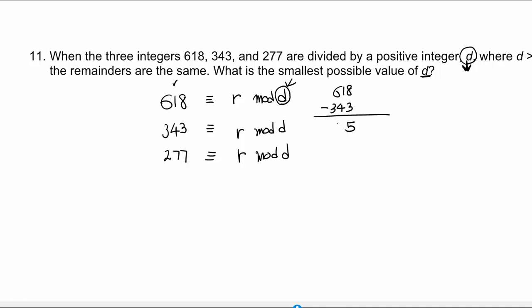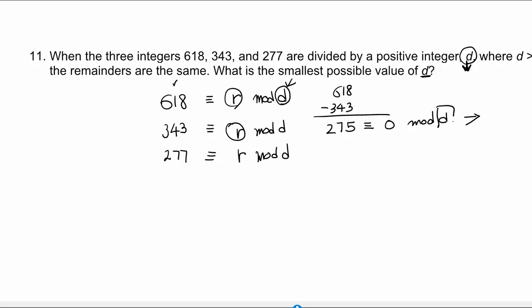This is 5, this is 7, this is 275, okay? 275. R minus R is what? 0 mod d, isn't it? What does that mean? When you divide 275 by d, the remainder is 0, okay?